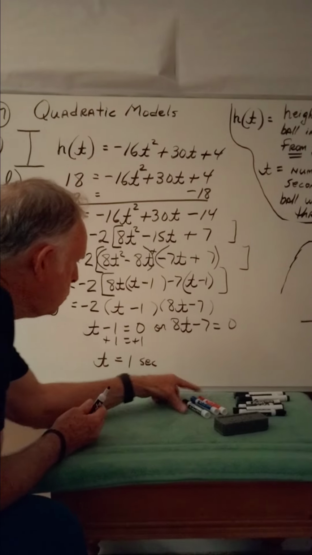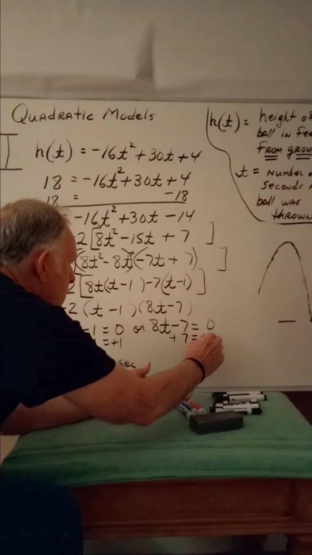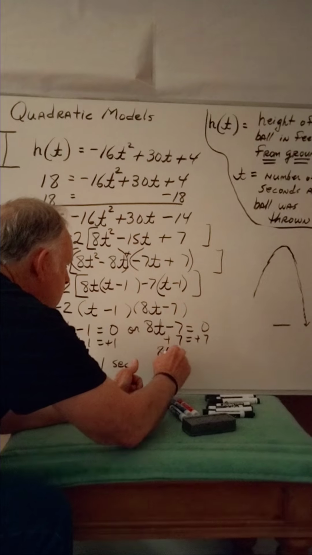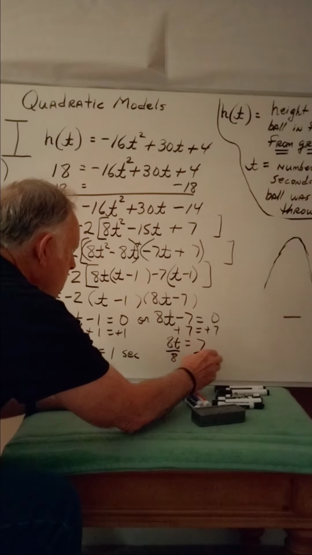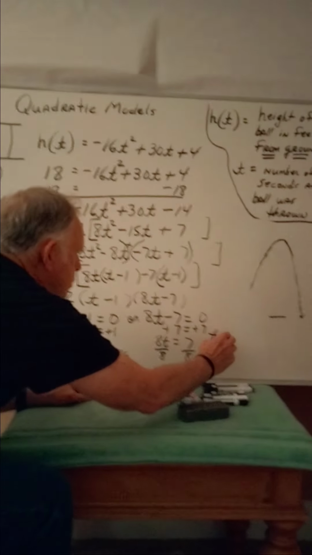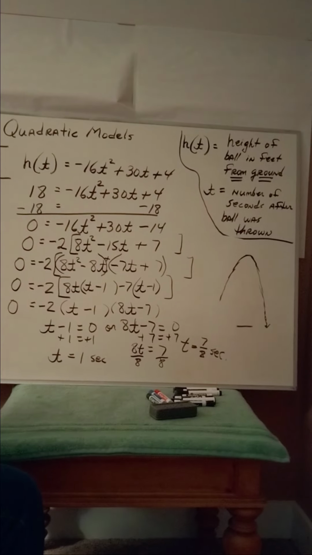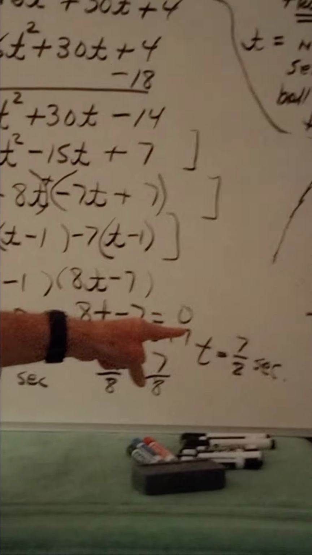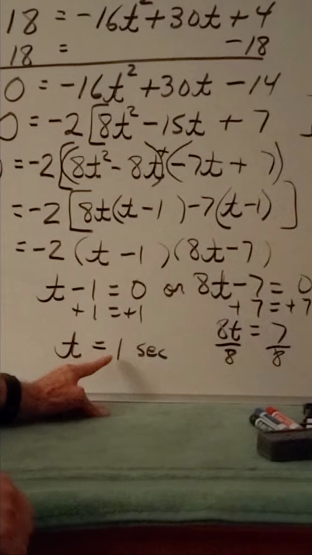But we've got this one as well to deal with. Positive 7, 8t is equal to 7 over 8, and t will be equal to 7/8 of a second. Now 7/8 of a second is a smaller amount of time than 1 second.